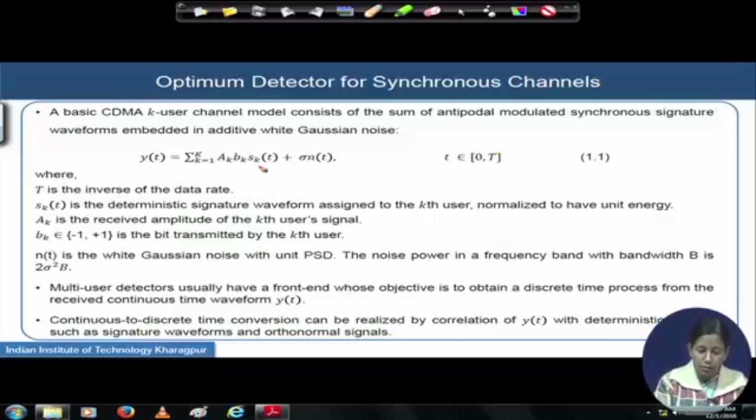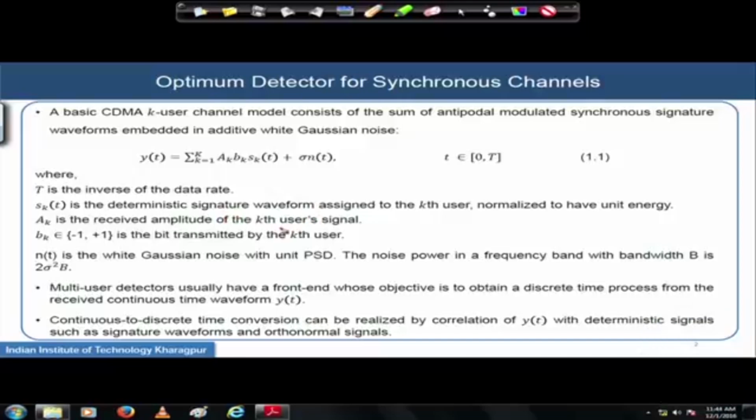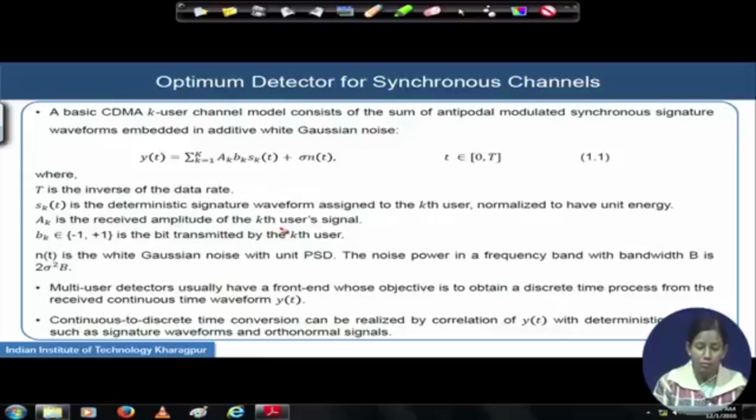Inside this equation, s_k(t) denotes the deterministic signature waveform, which is basically the spreading code that you have given to independent users, and it varies from user to user. It is a typical signature waveform, which is why we call it that, and it is assigned to the kth user, so that is why the k is specified. b_k is the transmitted bit, which can be either +1 or -1 for our consideration.